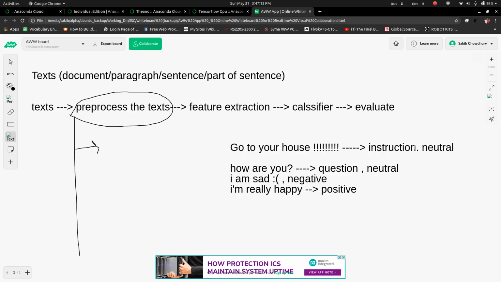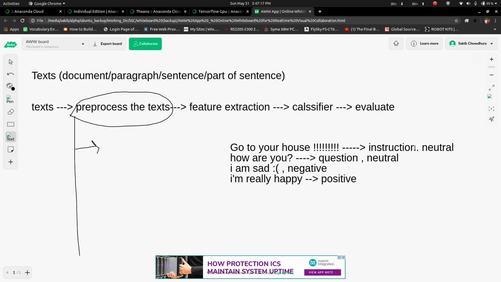So basically sentiment can be of three types: positive, negative and neutral. Based on the nature of these sentiments, we can classify our sentences. Suppose I give you a sentence, and your machine learning system has to predict whether this sentence carries positive, negative or neutral sentiment.